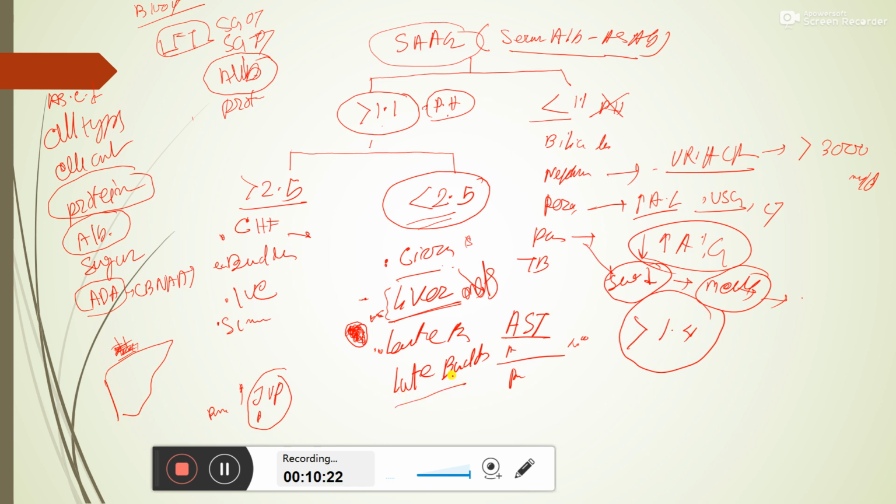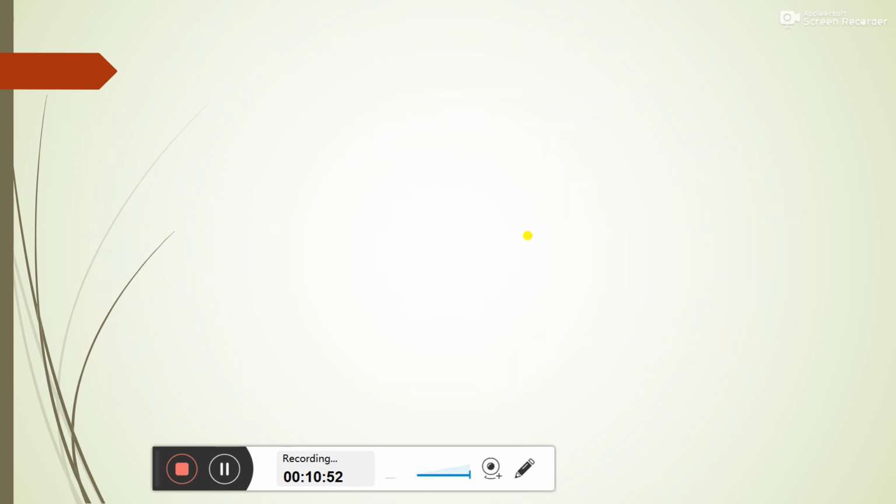And if the SAAG is less than 1.1, so no portal hypertension, there are some differential diagnoses like nephrotic syndrome, pancreatitis, peritoneal CA, and tuberculosis. This is the basic investigation, and then we will correlate and suspect the disease, and do the further investigation that I described.